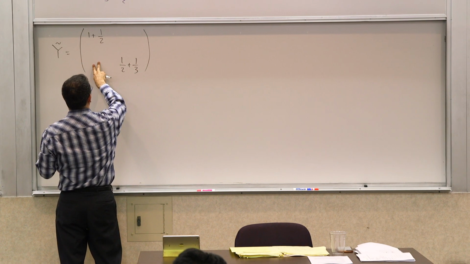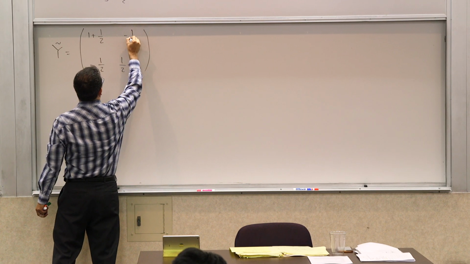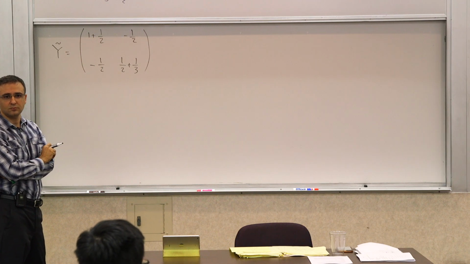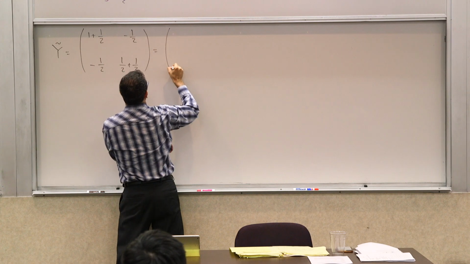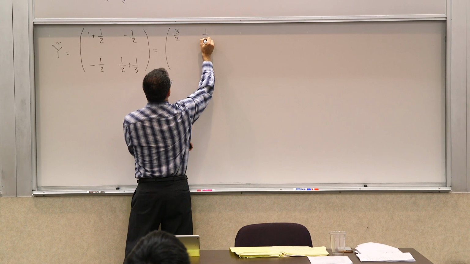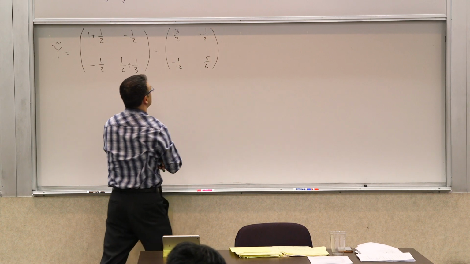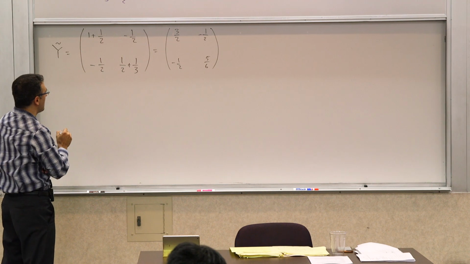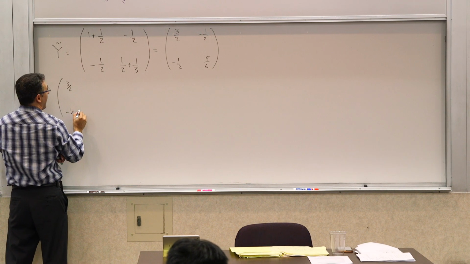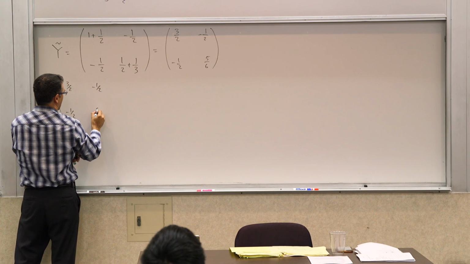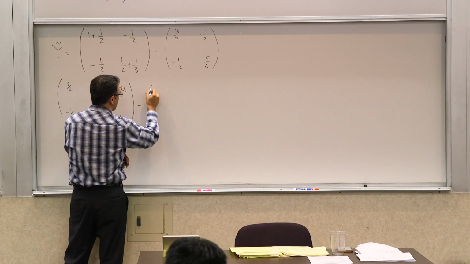And the off-diagonal terms are going to be negative 1/2 and negative 1/2. So you can simplify this and write it as 3/2, negative 1/2, negative 1/2, 5/6. So the problem you're trying to solve is that matrix times V1, V2 equals.